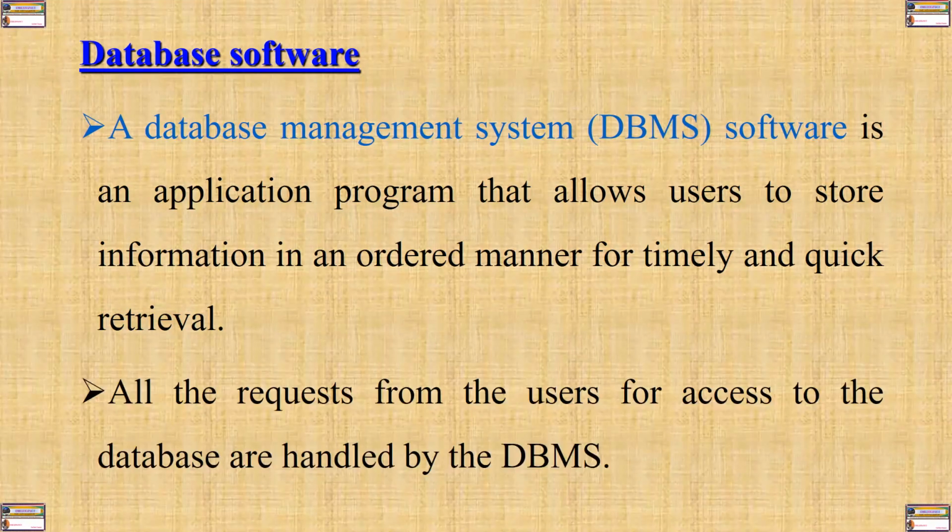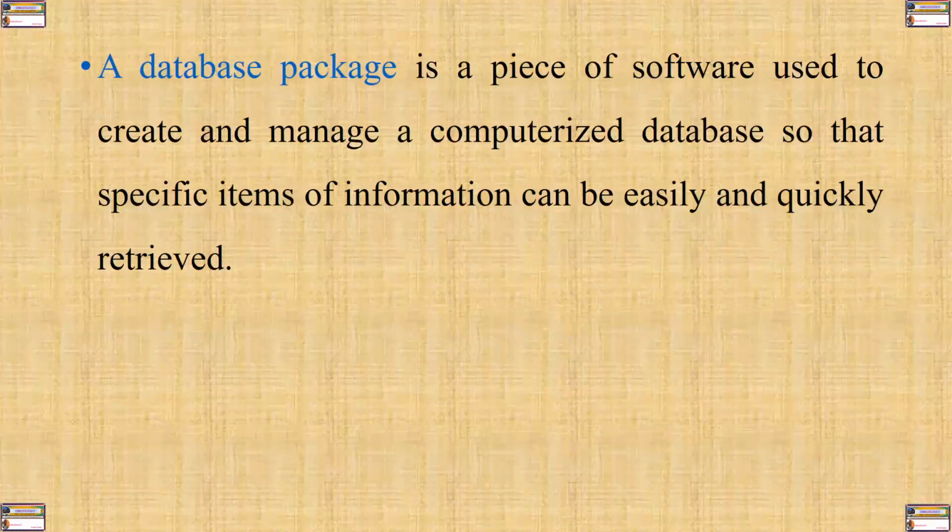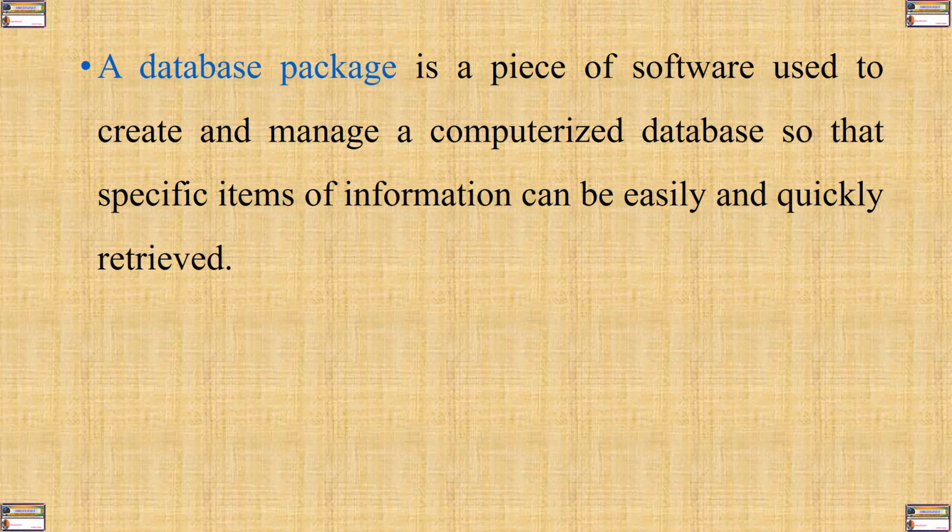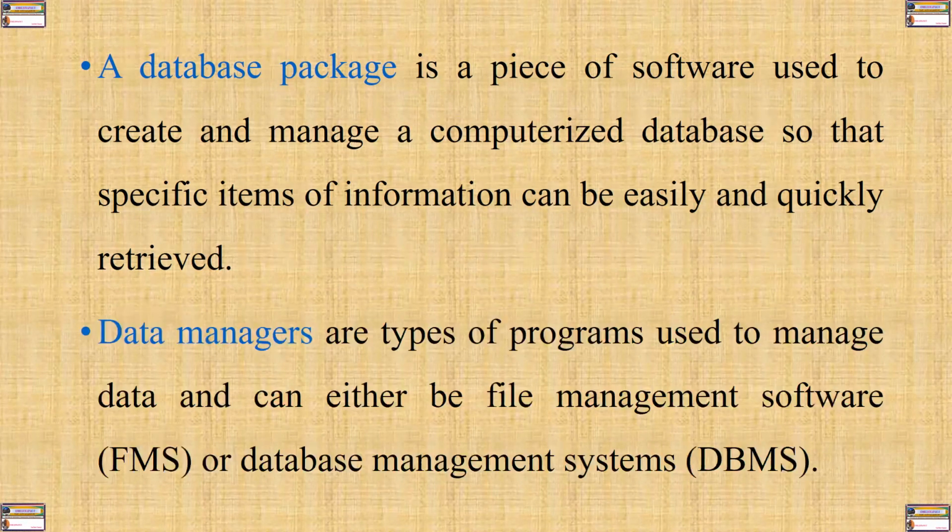All the requests from the users for access to the database are handled by the database management system, abbreviated as DBMS. A database package is a piece of software used to create and manage a computerized database so that specific items of information can be easily and quickly retrieved.